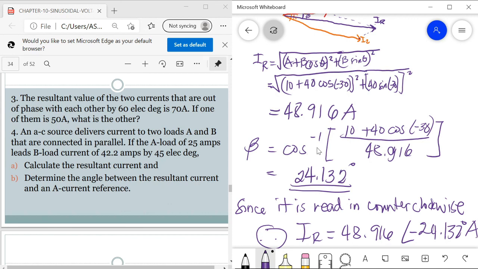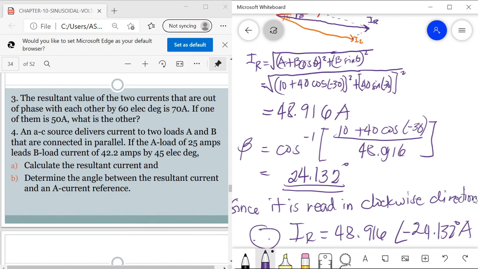Beta is equal to arc cosine of 10 plus 40 cosine negative 30 divided by 48.916, that is 24.132 degrees. Since it is read in clockwise direction, our resultant will be equal to 48.916 angle negative 24.132.